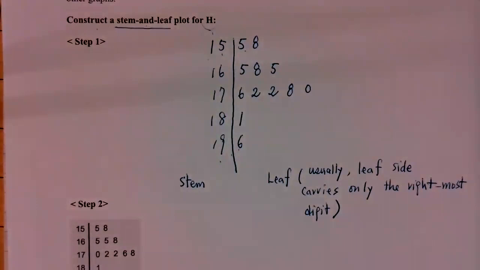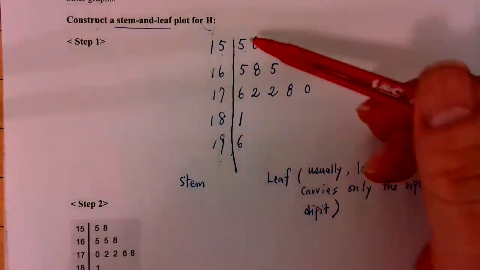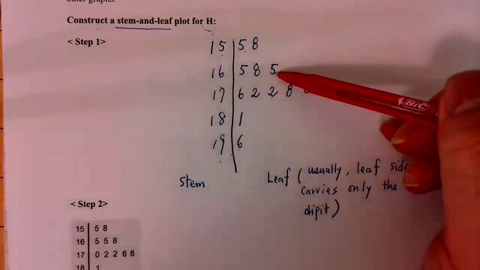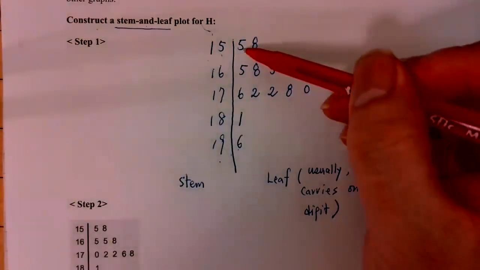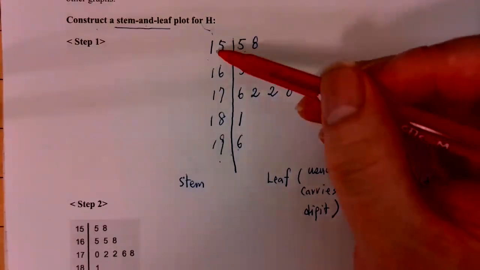When you're making the stem and leaf plot, not just the stem side follows an order. The leaf side has its order as well. And what is the order for the leaf side? The number close to the stem should be smaller than the number away from the stem.